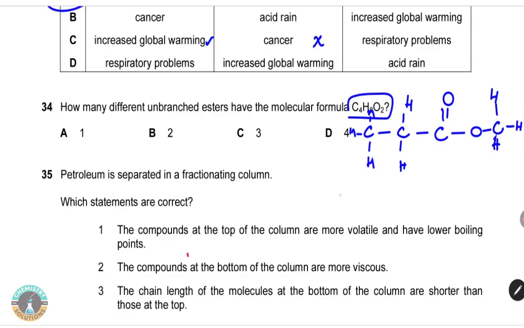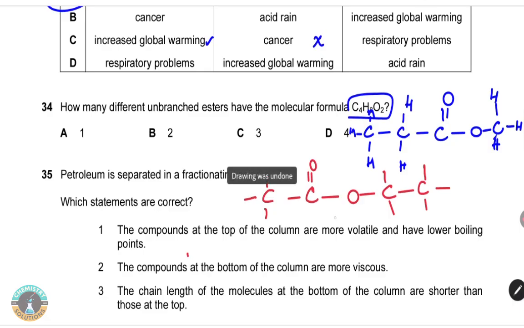Okay. This one is methyl propanoate. Another one can be ethyl propanoate. One, two, three, four, okay, 4 carbon atoms are there.